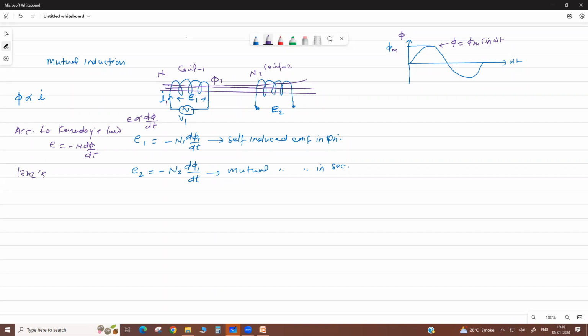What is Lenz's law? Faraday's law states the magnitude of the induced EMF, which is proportional to the rate of change of flux. But Lenz's law gives the polarity of the induced EMF.